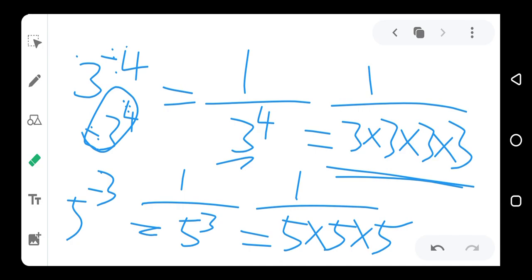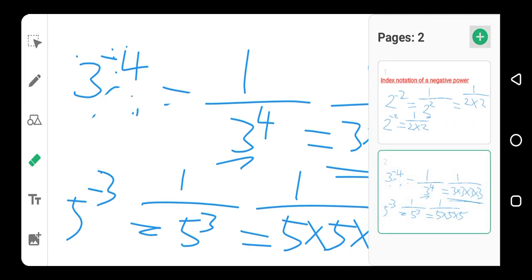So if we have minus 3 raised to power 4, I said that it is not the same thing as putting the minus on top. So this one is going to be the same thing as minus 3 coming into 4 times. There is no 1 over.